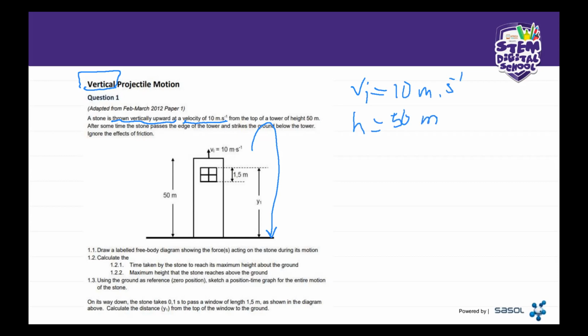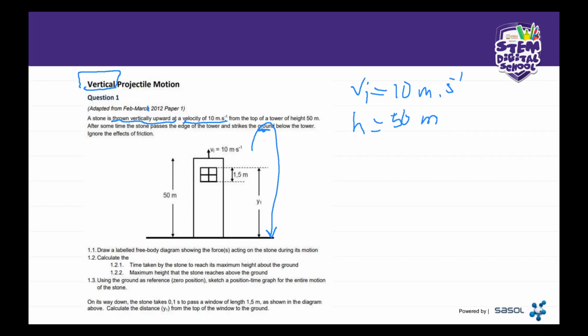And then after some time, the stone passes the edge of the tower and strikes the ground below the tower. They say ignore the effects of friction. So now we know the few keywords. The most important part is that it's thrown vertically upwards.